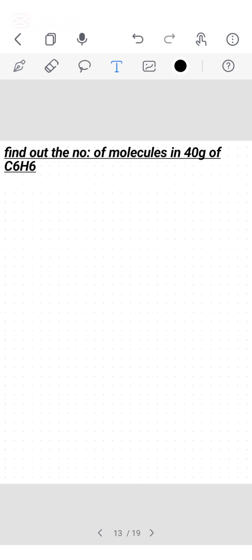So that is our second question. You may clearly see that it is written number of molecules. So what does that mean? It clearly says that you need to use the Avogadro formula. What was that?